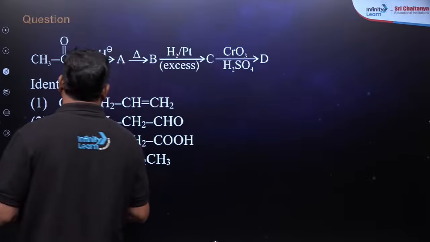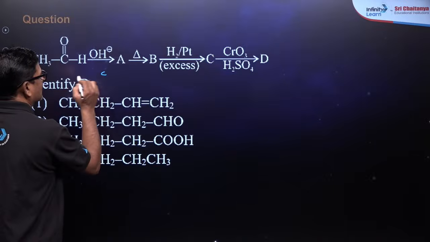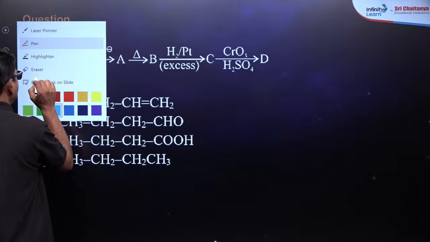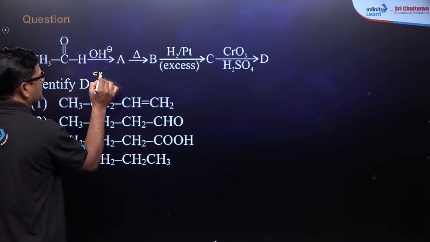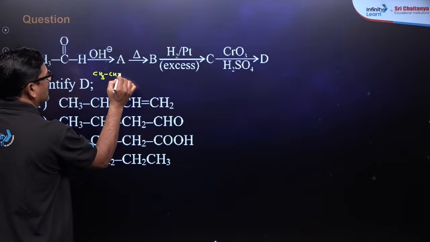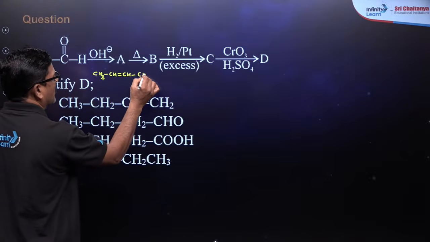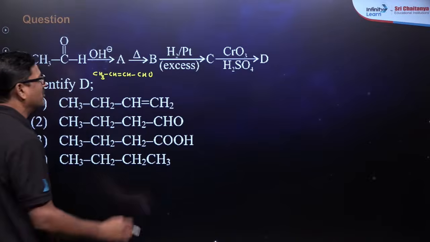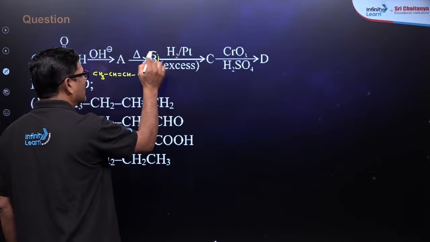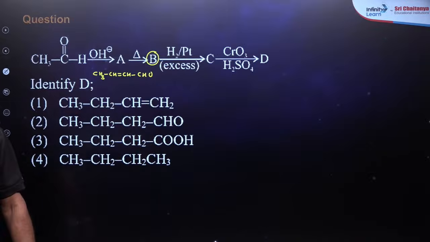CH3CHO, acetaldehyde. You are going to get CH3-CH=CH-CHO by aldol condensation on heating. That is going to be B, direct aldol condensation.